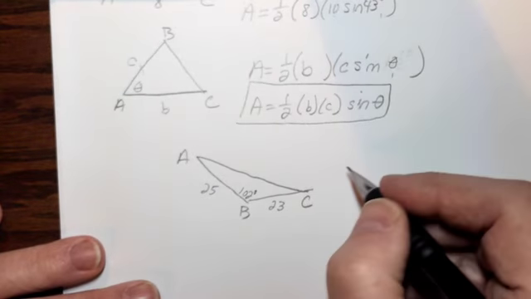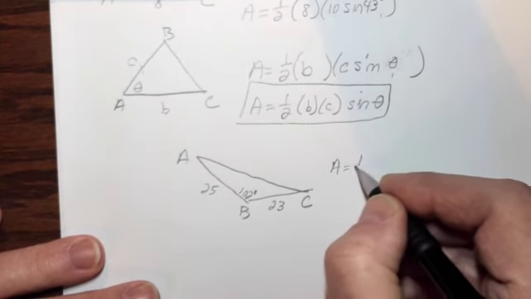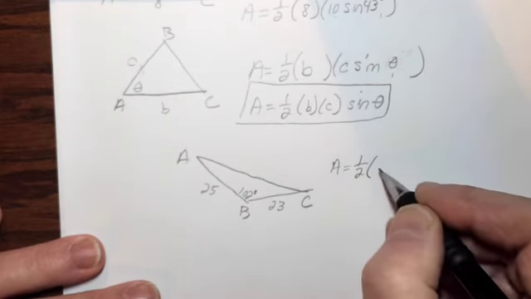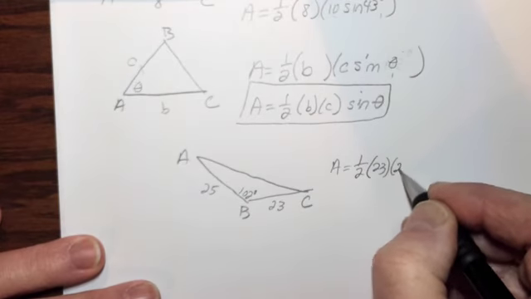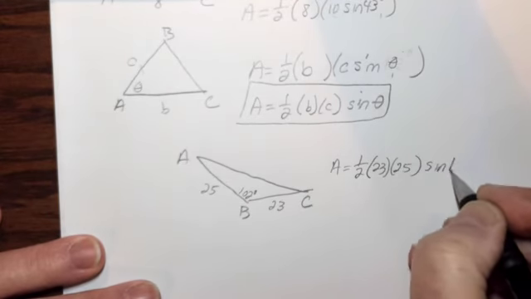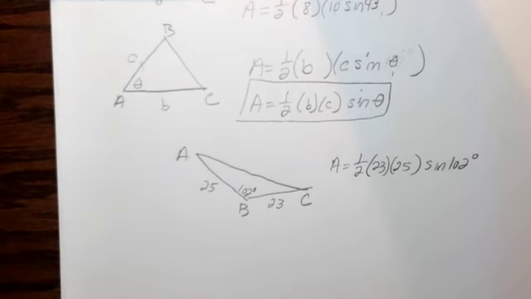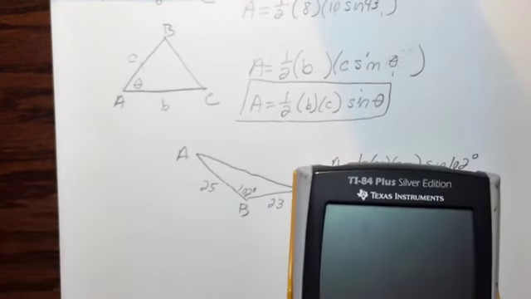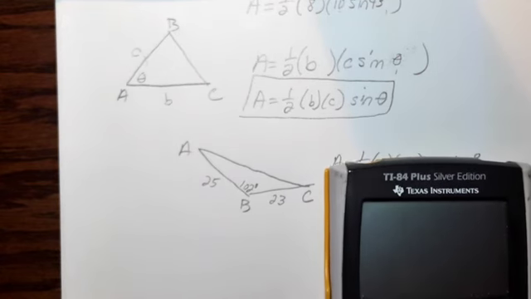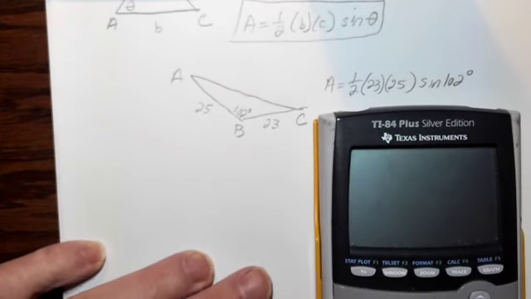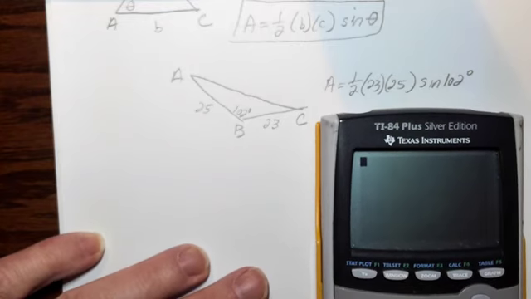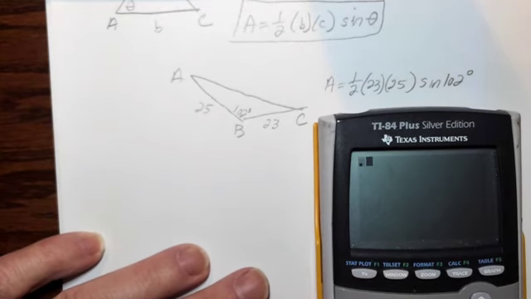Well, using this formula up here, the area is just going to be 1/2 the two sides multiplied together times the sine of the angle in between. And so then you take your calculator, make sure it's in degrees, so check the mode first. I'm just going to go 0.5 times 23 times 25 times the sine of 102.